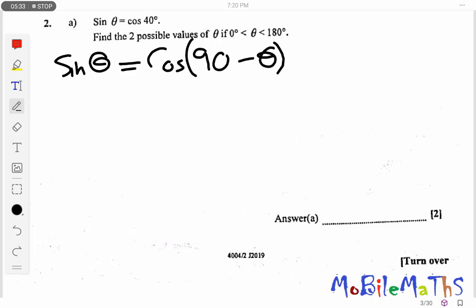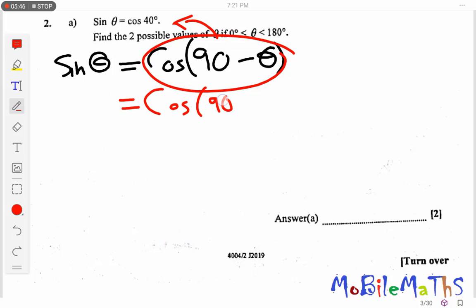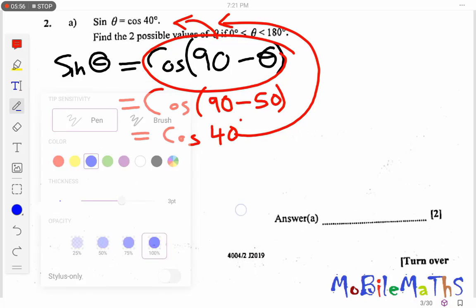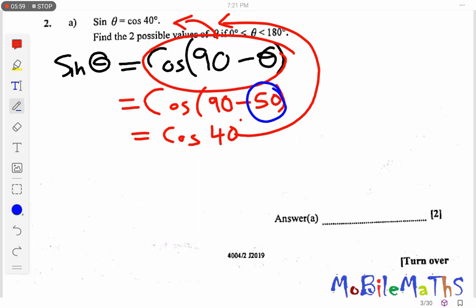So what are we subtracting at the end of the day? I can say cos 90 minus 50 here, I'll get cos 40 degrees. So when this happens, it means my theta is 50 degrees.